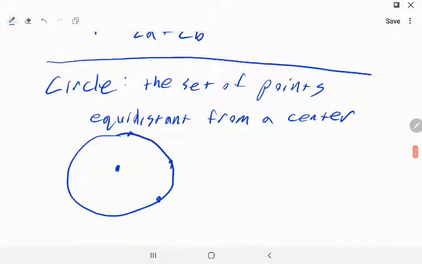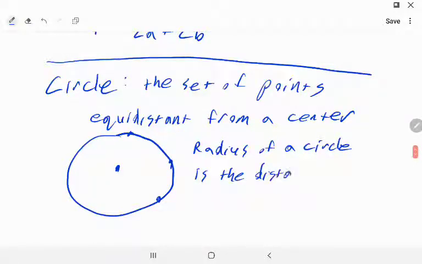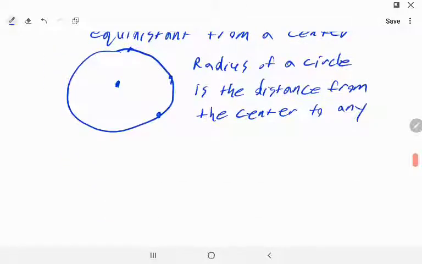And we know the circumference of a circle, so actually let's start with the radius of a circle, is the distance from the center to any point on the circle.